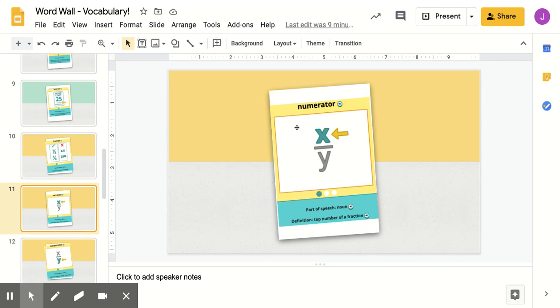Okay, now let's talk about a numerator. A numerator is defined as the top number in a fraction. So here we have a fraction, and we know because it's written as something over something else. And the top number in green here, this is called the numerator. It's the top number in a fraction.